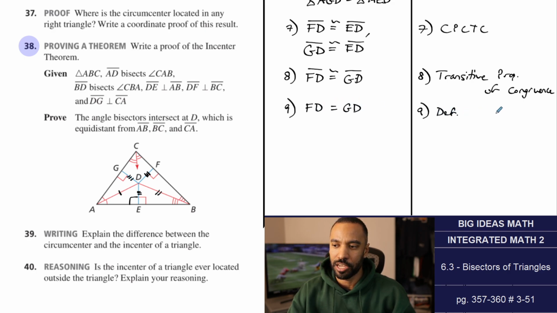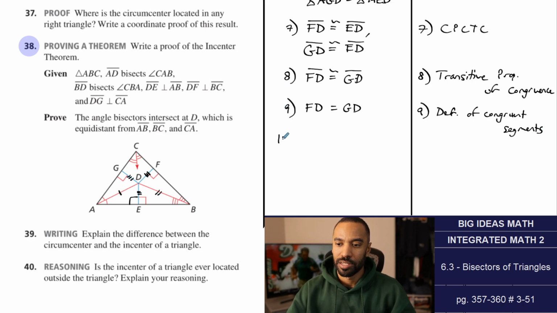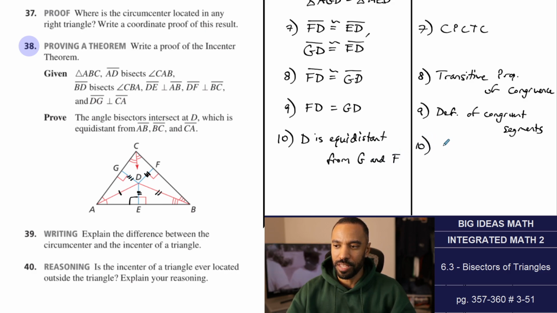That is the definition of congruent segments. So that means there's equidistance, which means D is equidistant. 10. D is equidistant from G and F, which is the definition of equidistance.